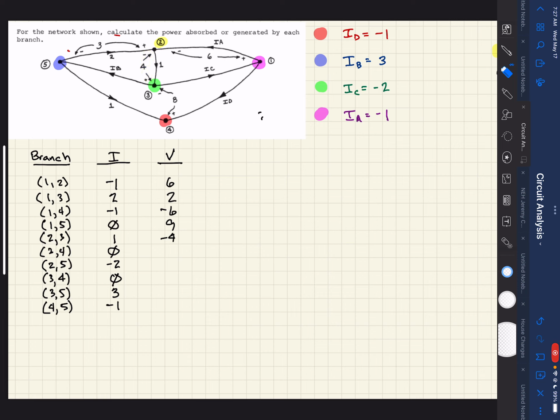Okay, so next we want to go from 2 to 4. So that's down here. So we got to find a path on this one, right? And we have one. Again, we go from here to here. That's -4. And then we go from here to here. That's -8. So that's -12. So now we'll put -12 here.